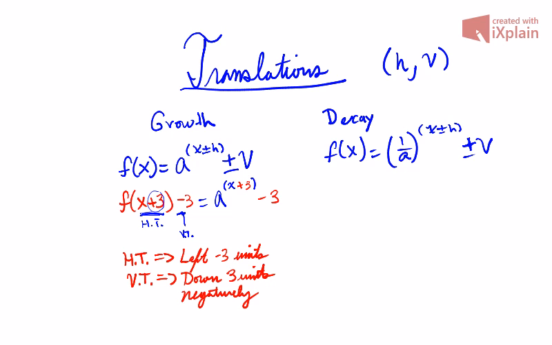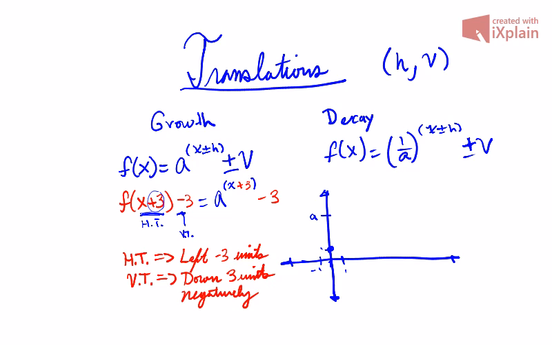And basically what happens is you originally have your basic function, okay? Let's just say the first one was a to the x, with the points negative 1, 1 over a, and 1, a. So our original function was growth, right?